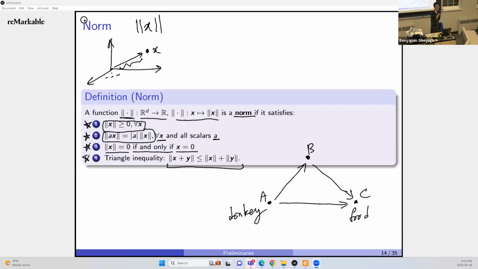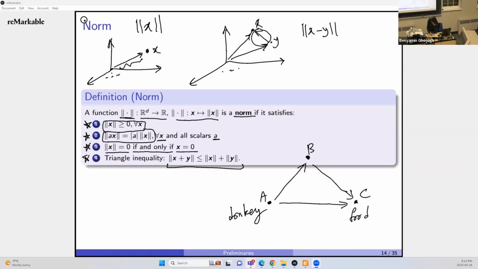Now, let's talk about the distance of two vectors in the same space. What is the distance? It's just the length of this. So you can see this as norm of x minus y. Why? If I'm not wrong, this is x, this is y. x minus y is a vector connecting y to x, right?